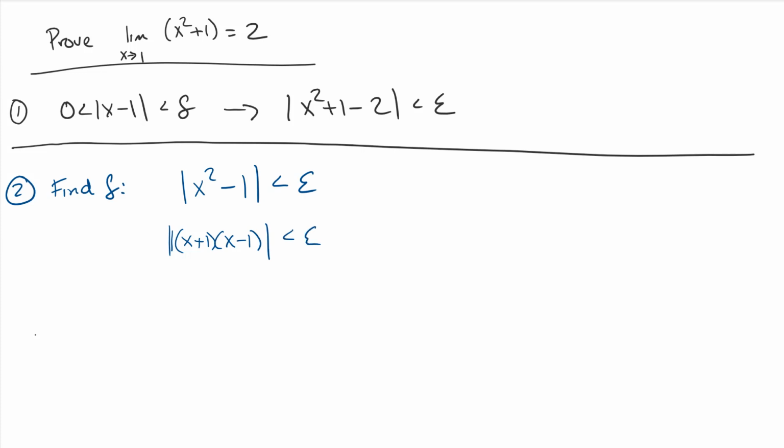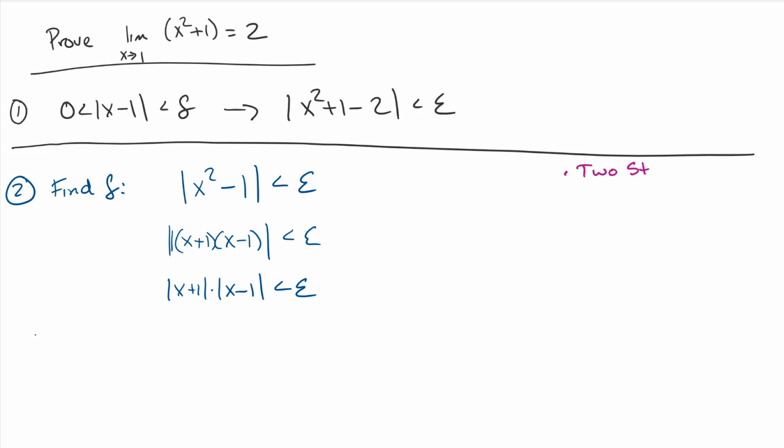Less than epsilon, and then, oh, shoot, there's two of them. The absolute value of x plus 1 times the absolute value of x minus 1 is less than epsilon. Here's what we're going to do. This is going to be a two-step process over on the side.